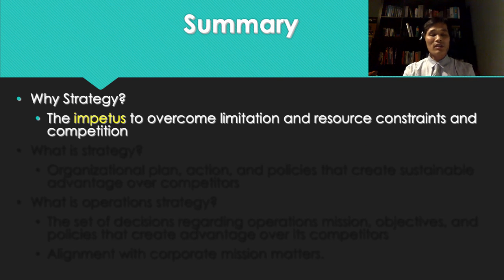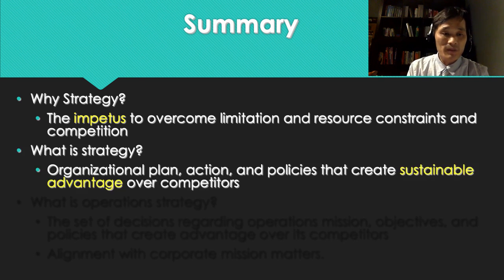So let's summarize what we have learned so far. In summary, we have learned what strategy is. Strategy is the impetus to overcome limitations, resource constraints, and competition. So that's why it's so important.